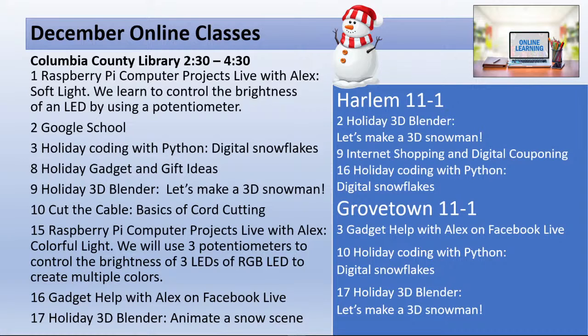We also did a cord cutting class today, on the 10th, talking about all the new services, and of course, some of them are increasing their price, and there's some new stuff out there too. We also did a holiday gadget and gift ideas class, and also internet shopping and digital couponing. We only had 3 weeks in December before we get ready for the holidays. All those classes are still up and available, so I definitely recommend seeing those.